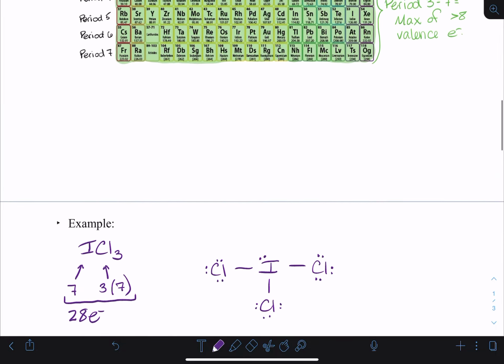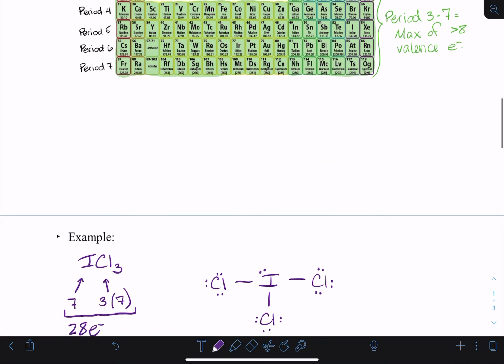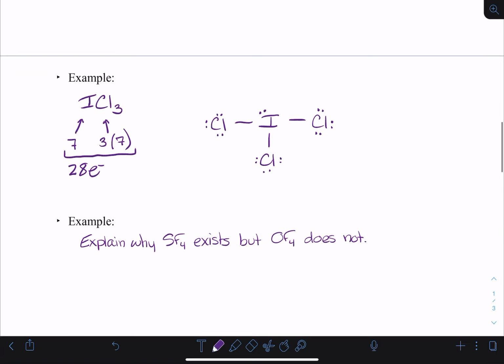So on our central atom, if we look and find iodine on the periodic table, we see that it's all the way down here in period 5, so it's totally capable of having an extra pair of electrons on it. It has d orbitals available to put those electrons in, so every pair of electrons needs someplace to go, but iodine has that d subshell available that's perfectly happy to accommodate those 2 extra electrons since there's nowhere else to put them.